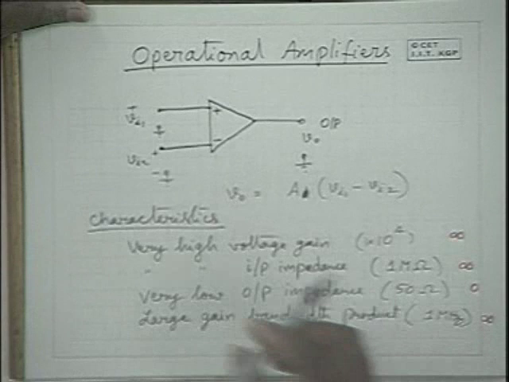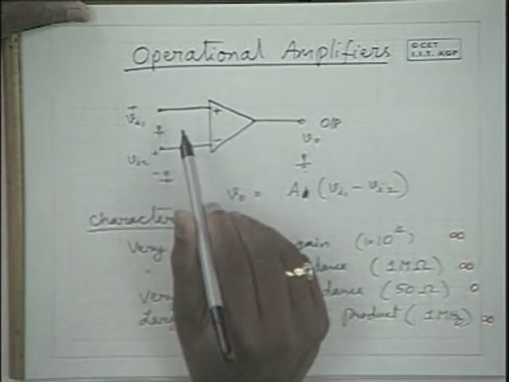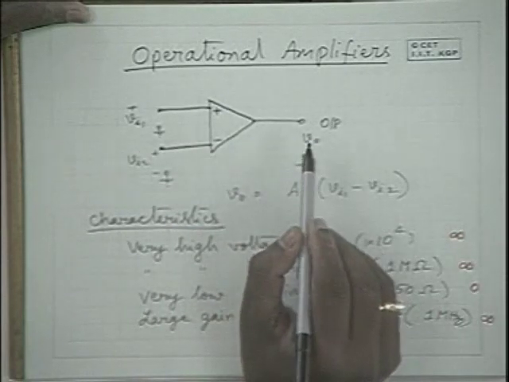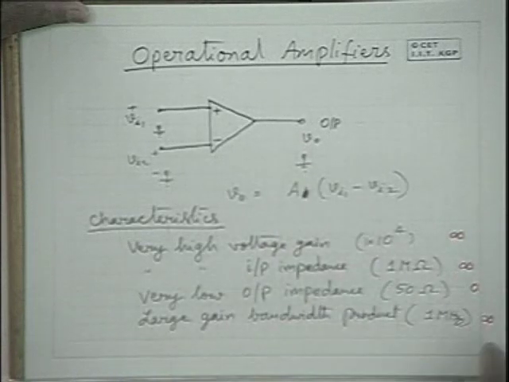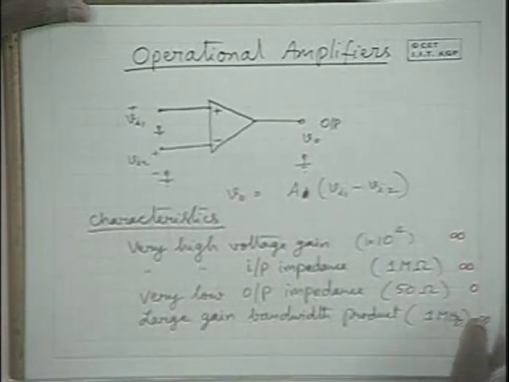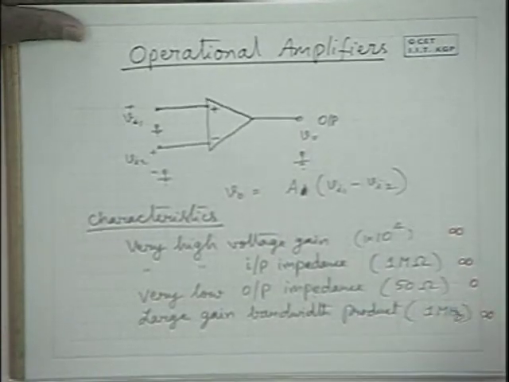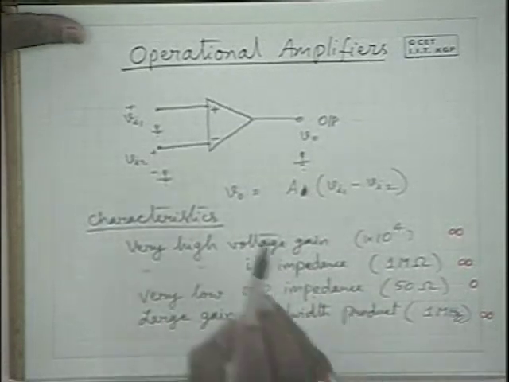So an operational amplifier is basically a differential amplifier with a single output terminal. And now let us see how an operational amplifier can be used.